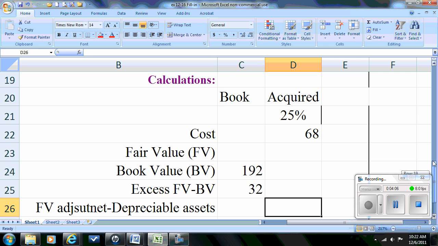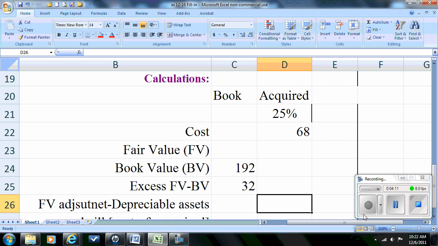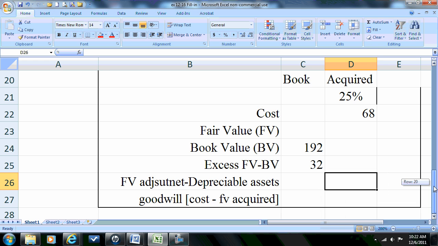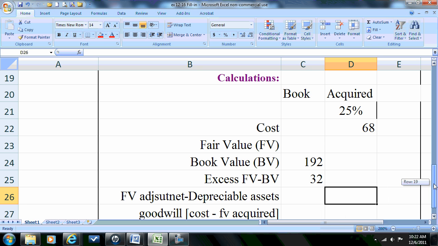We prepared this chart, and it is going to allow us to analyze exactly what Pfizer is buying. We're going to begin by looking at the book value of Carney. The problem tells us what the assets are being carried for at book, the net assets of $192.